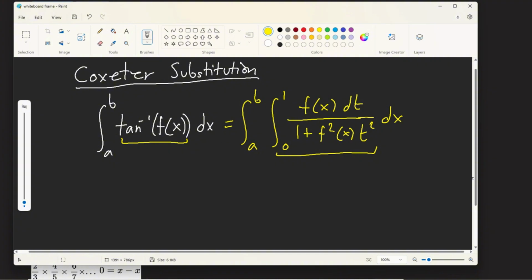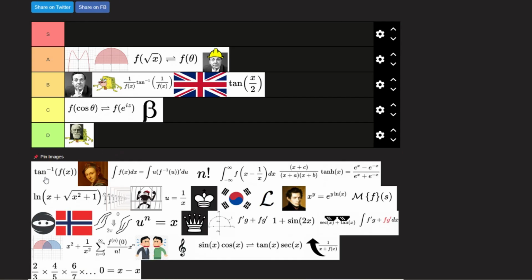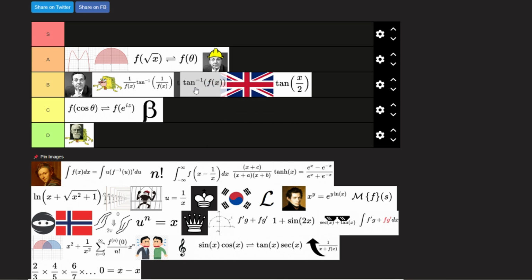So again, very advanced. You'll never come across this. This is some Olympiad level integration. But this is Coxeter substitution. Is it satisfying? Yes, but it is a hassle. I would put it below Ahmed.